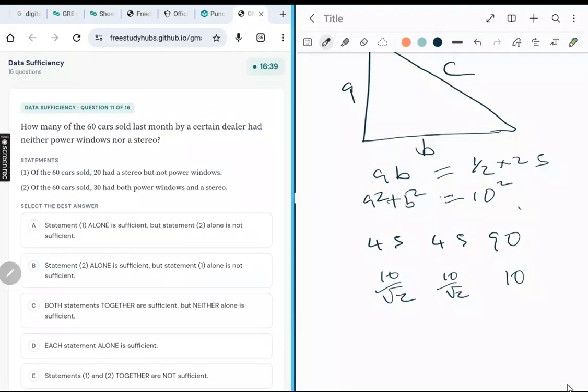How many of the 60 cars sold last month by a certain dealer had neither power window nor stereo? Of the 60 cars sold, 20 had stereo but not power window.